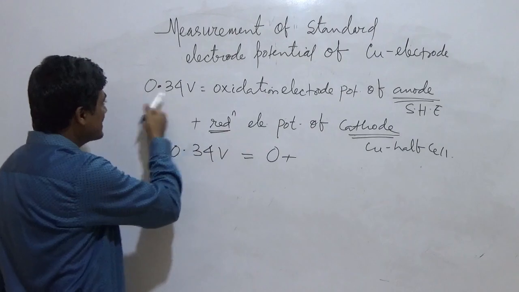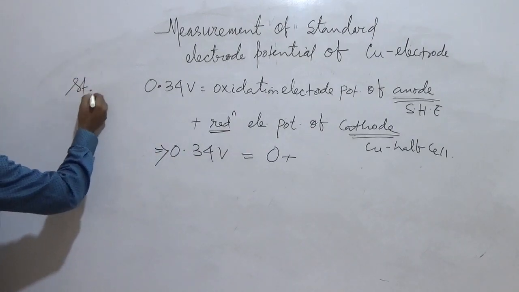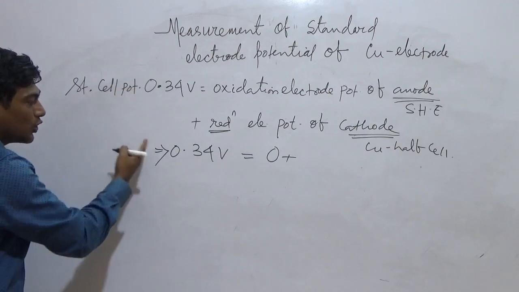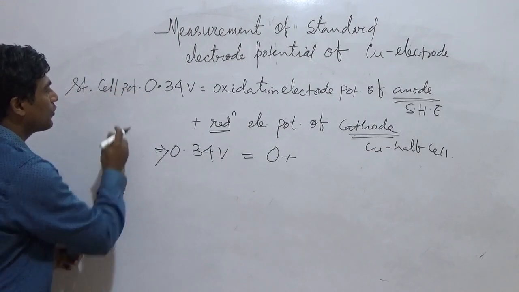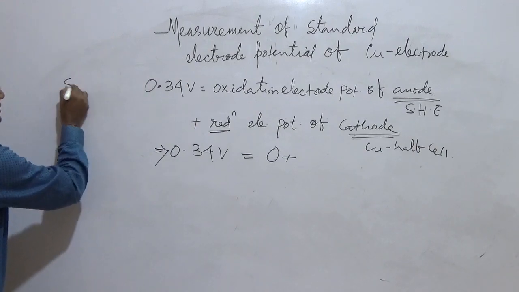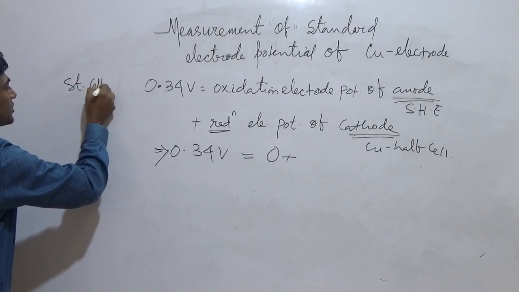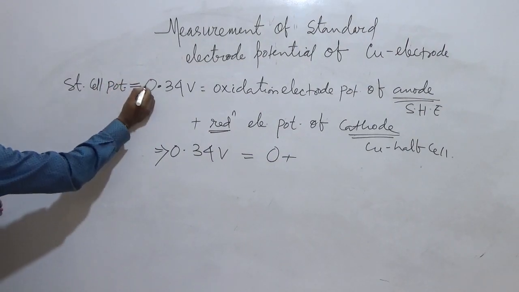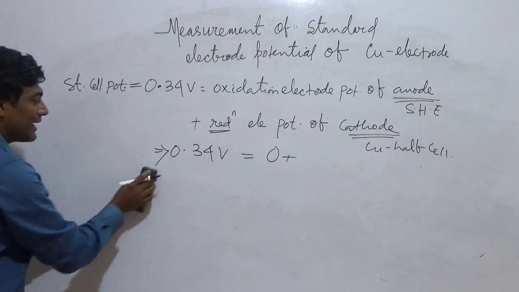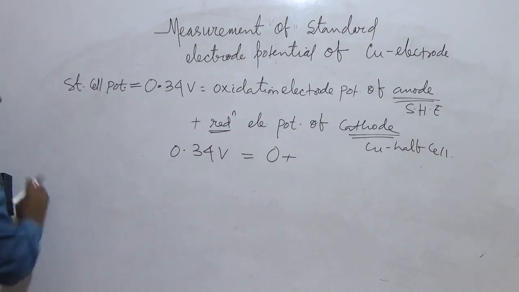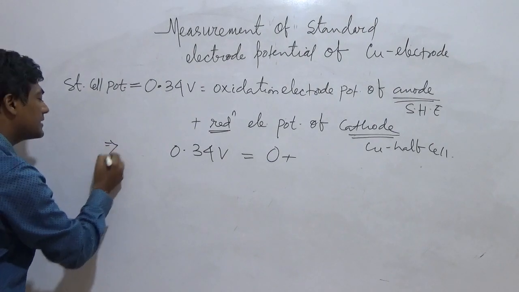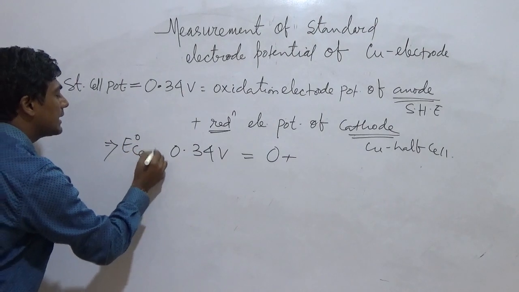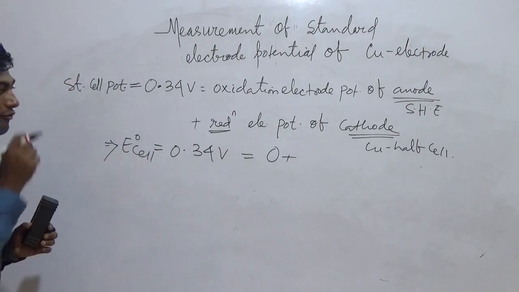Since this is the standard electrode potential, standard cell potential, we can write 0.34 volt standard. Since the standard cell potential is equal to 0.34 volt, this implies E0 cell is equal to 0.34 volt.